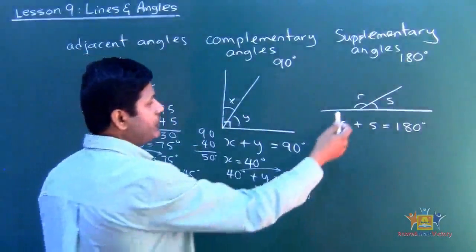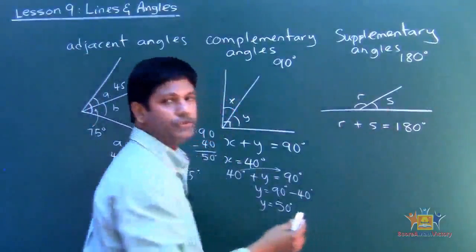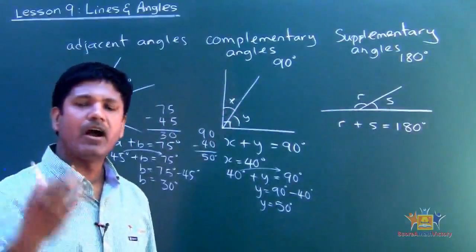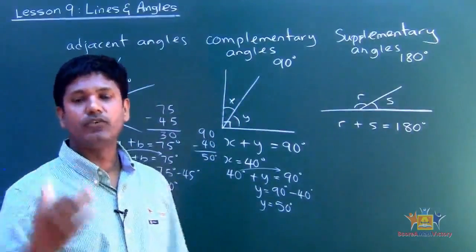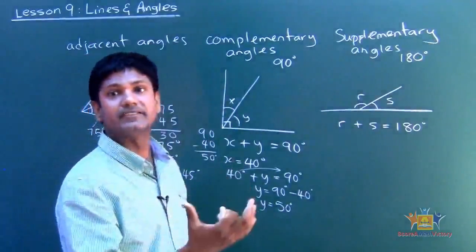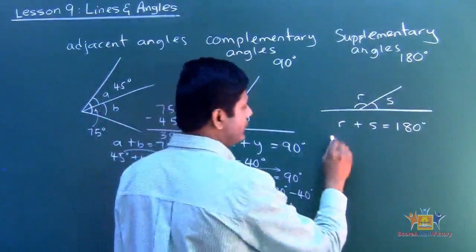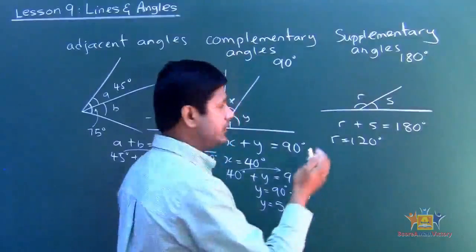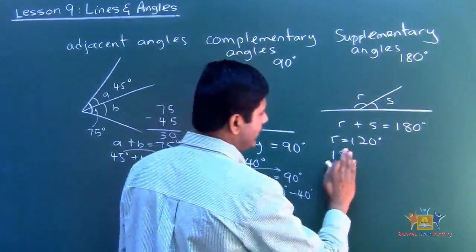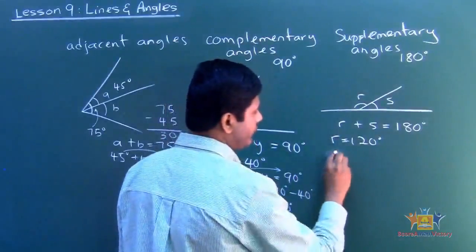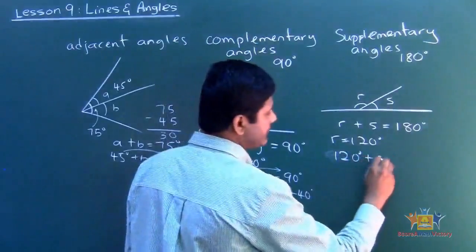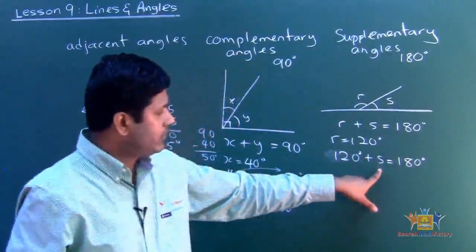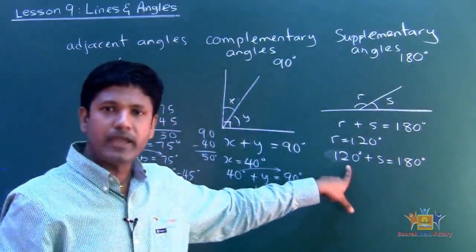So if I told you R and S are supplementary angles and R is 120 degrees, find S. I know R is 120 degrees, so can I find S? Yes. Substitute R with 120: 120 plus S equals 180, and I'm looking for S. What is 120 doing to S?